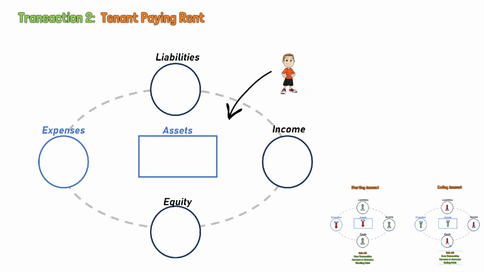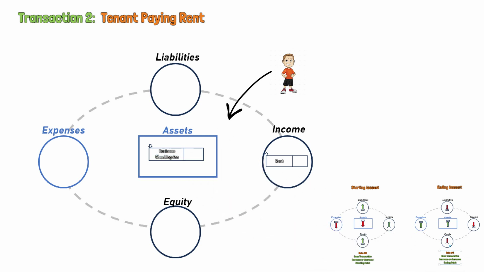And we know we are going to need at least 2 accounts to enter it. We can see that this is money flowing from the tenant through the income checkpoint into the business checking account. So, our starting point is the rent account in the income category, and our end point is the business checking account under the asset category.